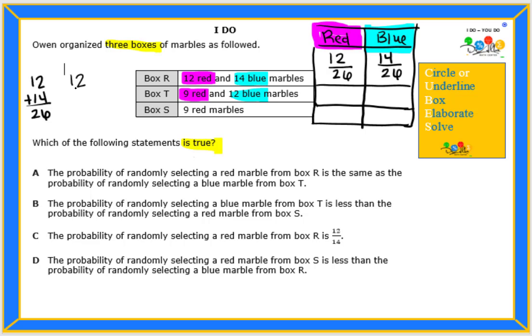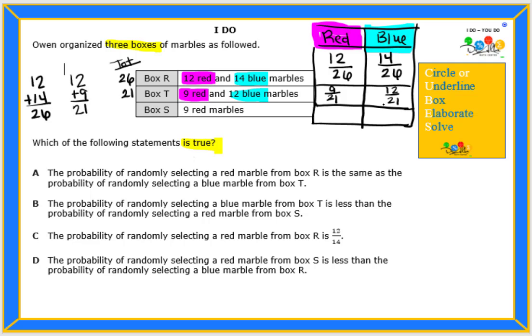Can we figure it out? Yes, 12 plus 9 is 21. So we have 21 marbles in box T. So right here, we had a total of 26 and of 21. And so for the red, we have 9 out of 21. And for the blue, we have 12 out of 21.